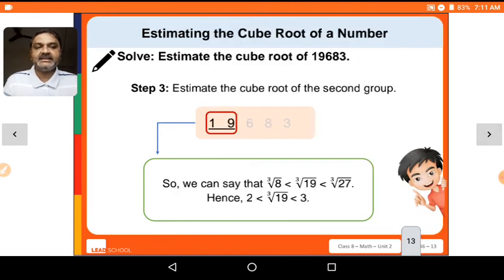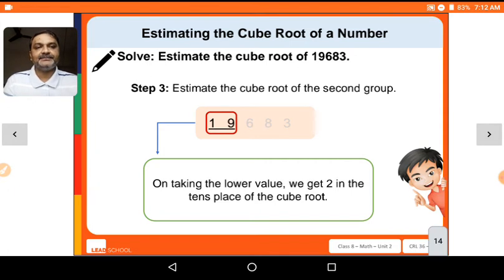So we can say that the cube root of 8 is less than the cube root of 19, which is less than the cube root of 27. The cube root of 8 is 2, and the cube root of 27 is 3. So the cube root of 19 lies between 2 and 3.